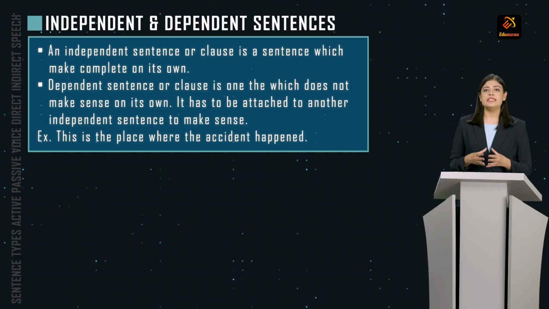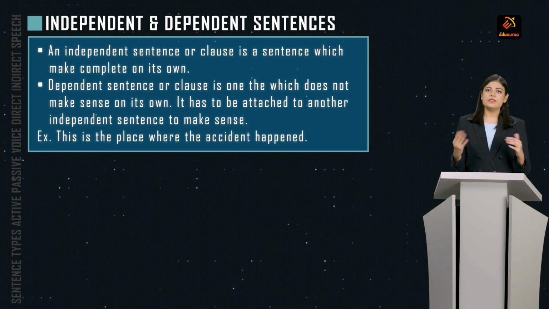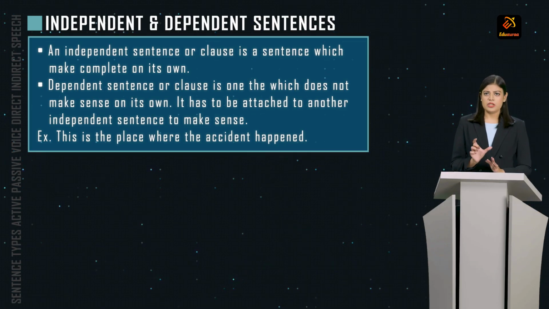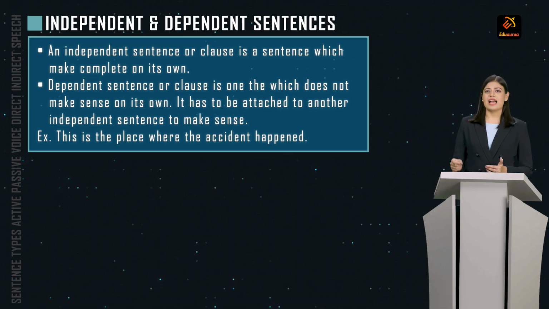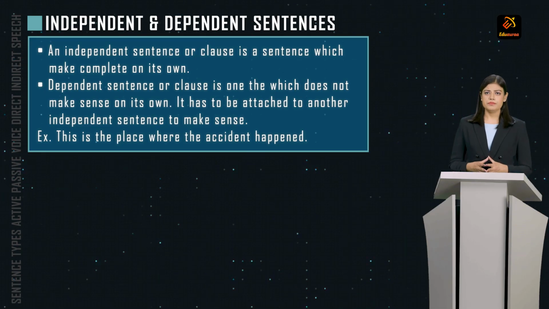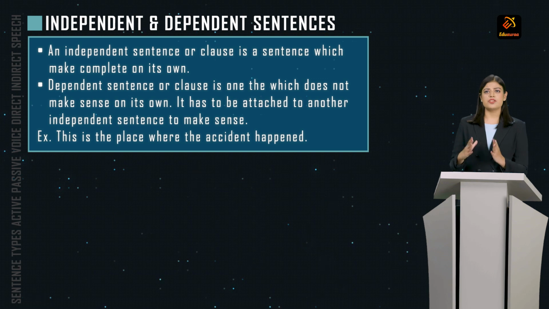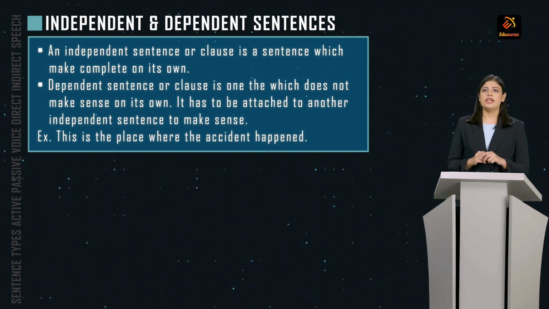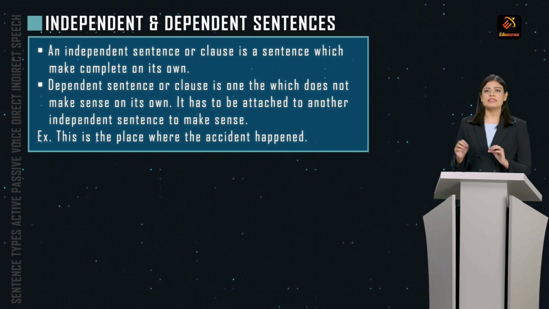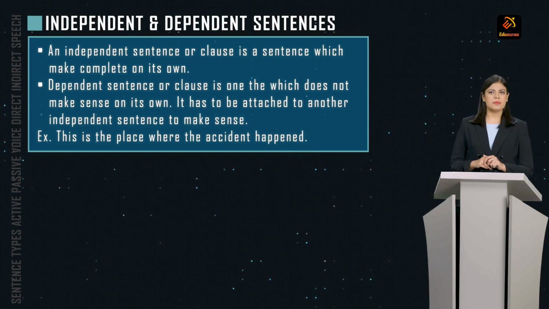Now, what is a dependent clause? Let's break down this sentence only. Look at the second part of the sentence. Where the accident happened. If I just look at the second part, does it make sense on its own? If I just say where the accident happened, does it make sense?